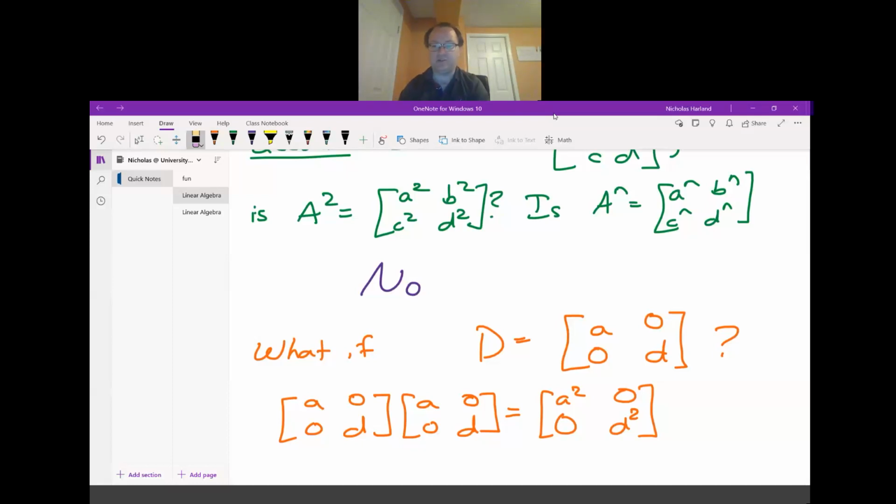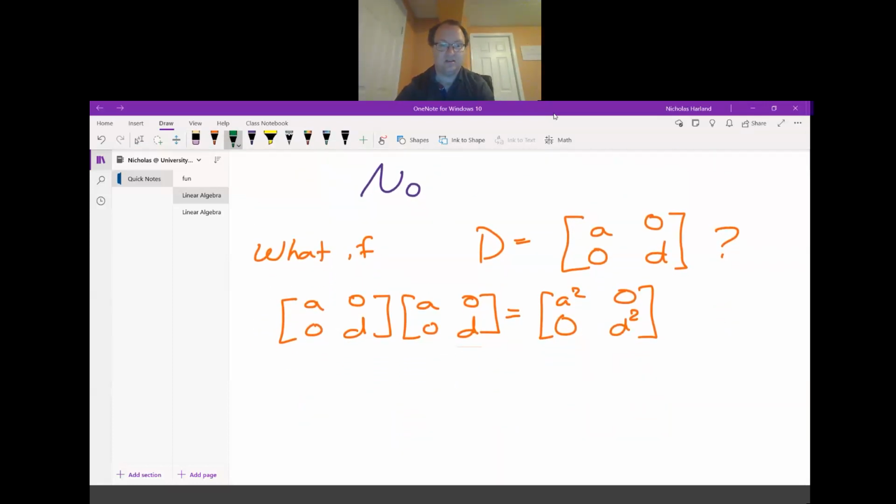It's very easy to work with a diagonal matrix. Unfortunately, not every matrix is diagonal. However, in light of a previous video that you probably just saw before this one, while not every matrix is diagonal, can some matrices be thought of as similar to a diagonal matrix?